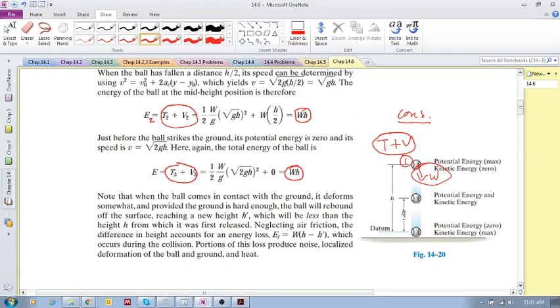At the top, potential energy is maximum and kinetic energy is 0. Then over here we have both potential energy and kinetic energy, and over here we have 0 potential energy and maximum kinetic energy. So all the potential energy at the top has been converted into kinetic energy down here, but the total energy remains the same.